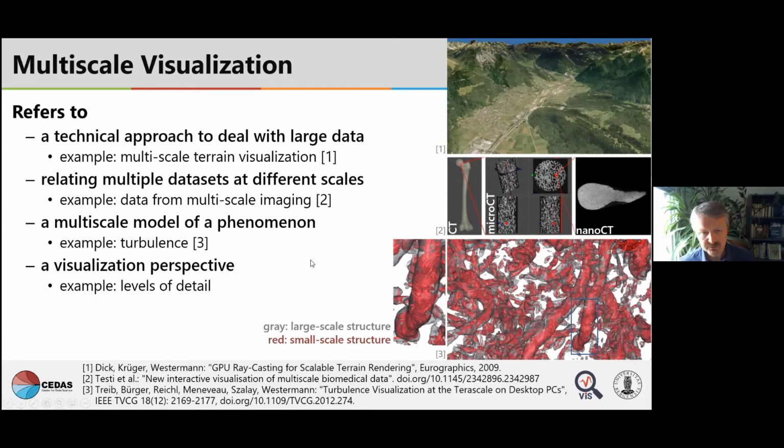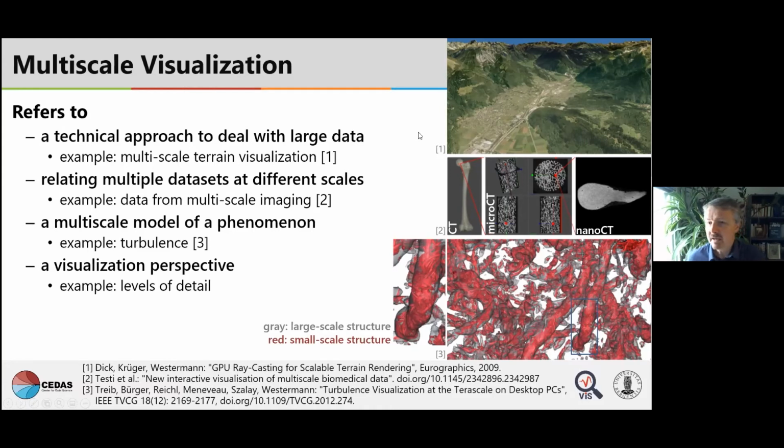One typical case when we talk about multiscale visualization is a rather technical perspective, where we try to come up with some smart software and/or hardware solution to deal with large scale problems. A typical example would be large scale terrain visualization.